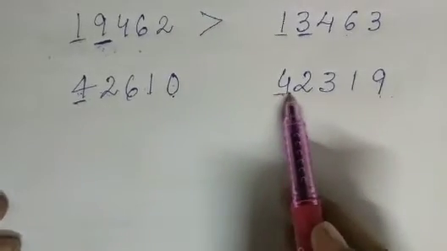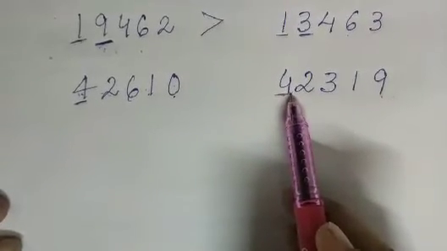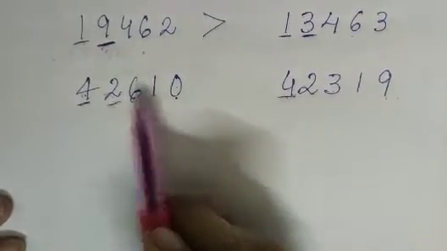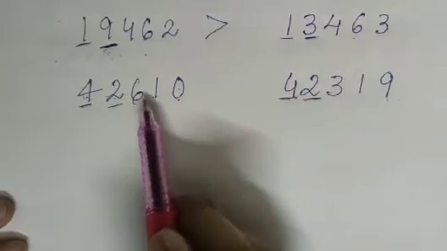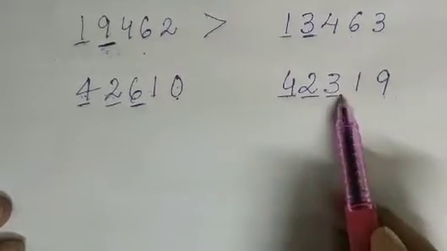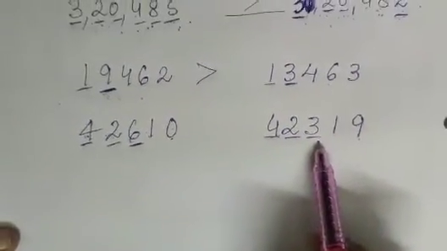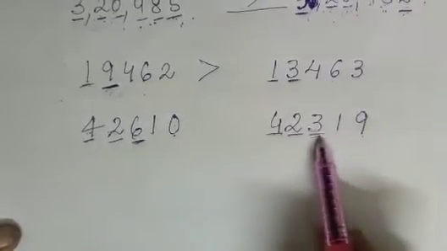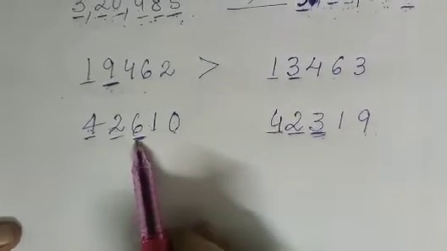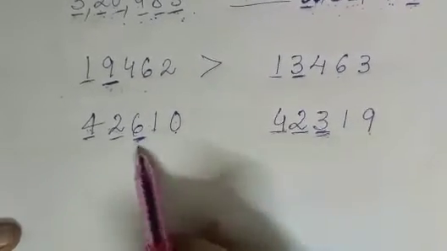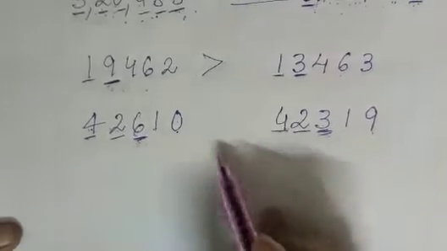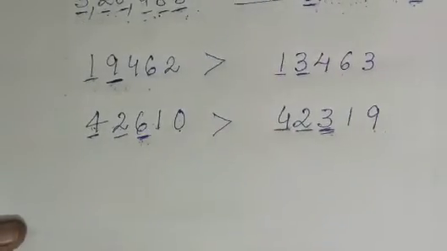The first place is same, we'll move to the next one. Next place is same, we'll move to the next one. 6, 3, the third place, the 100 place, is not same, so we compare the number here. 6 is greater, so this one is greater.